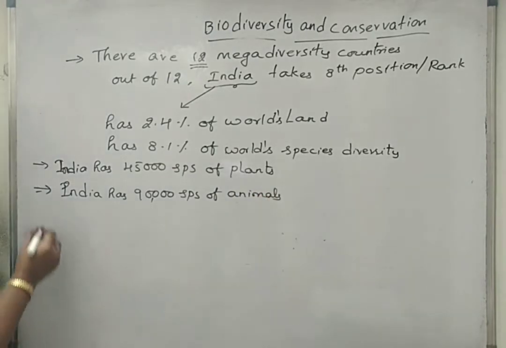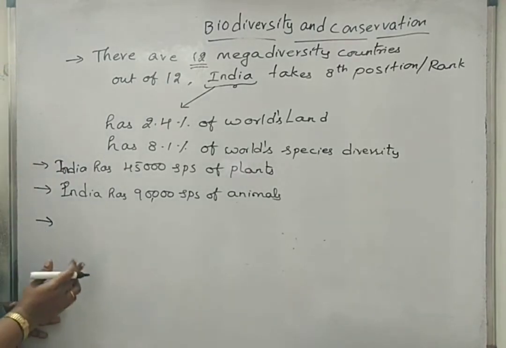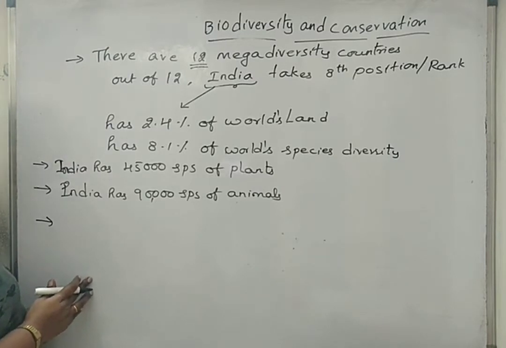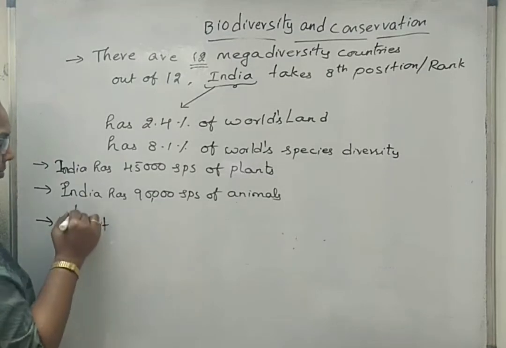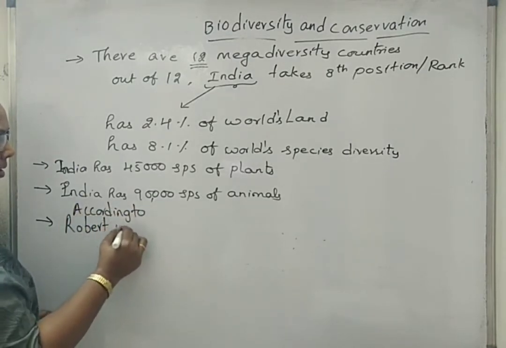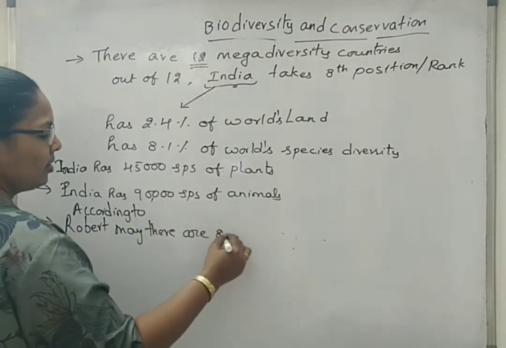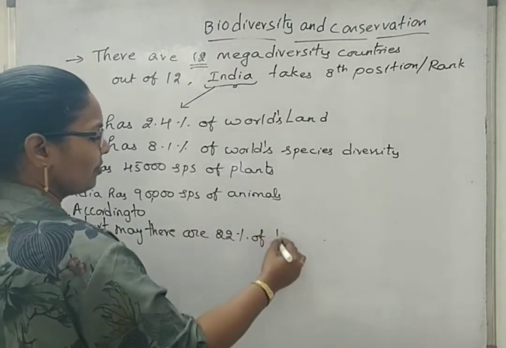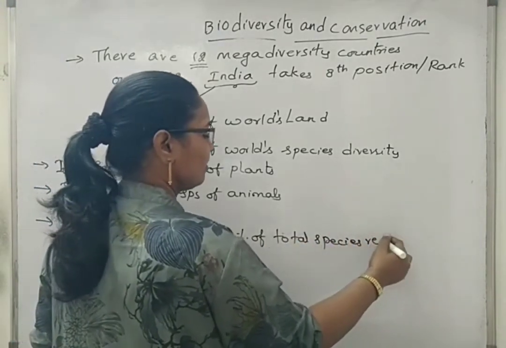According to Robert May, 22% of total species have been recorded till now. Out of that 22%, how many are plants and how many are animals?